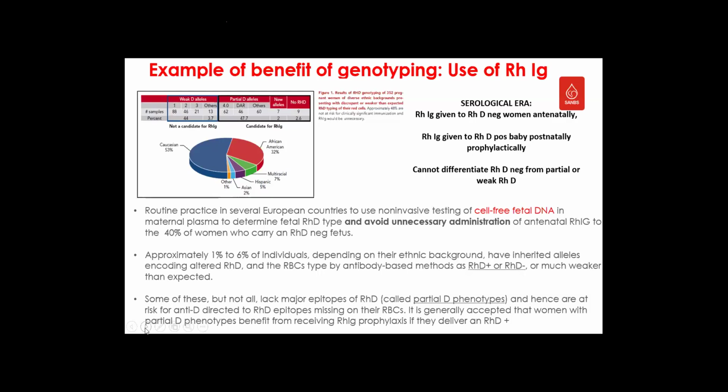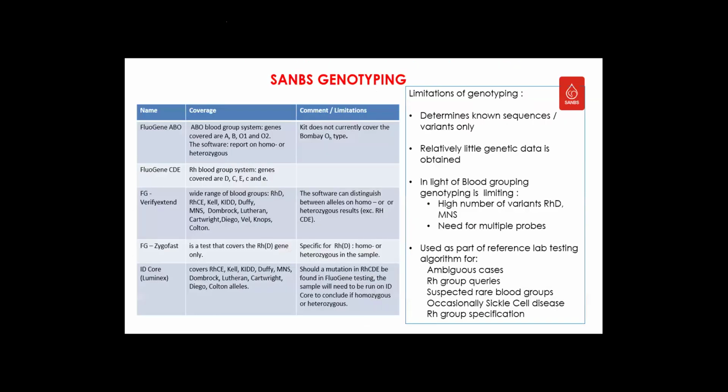Okay, so what do we do at SANBS? We do genotyping for red blood cells. We don't do NGS at this stage, although we do NGS testing for HLA. At SANBS, we use two different platforms for genotyping, and we use them collectively so that we cover most of our query samples in the best way that we can.